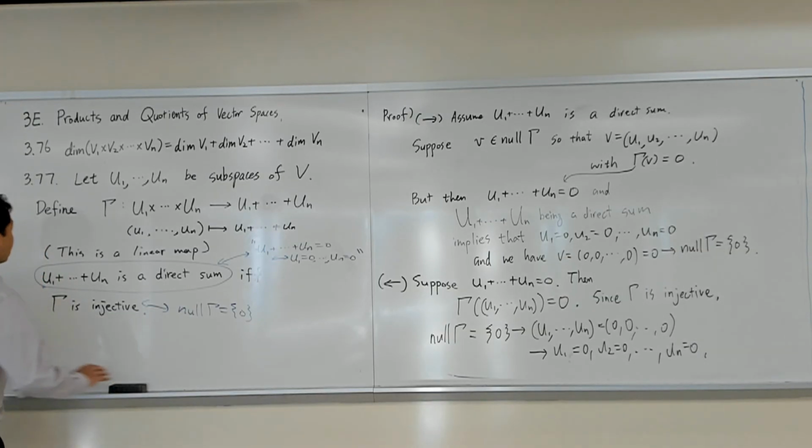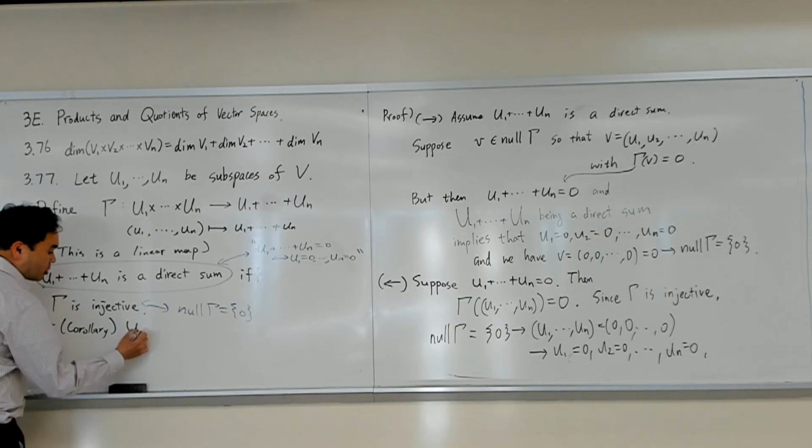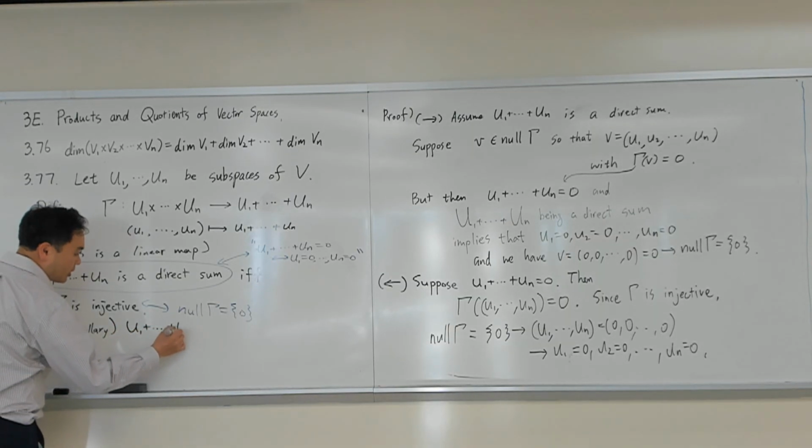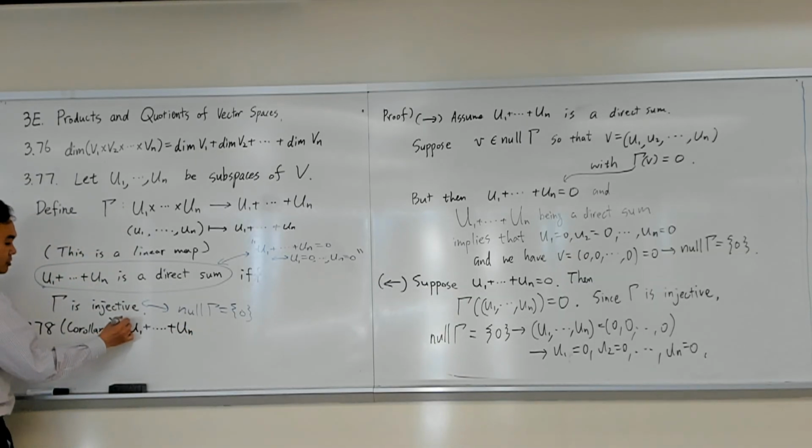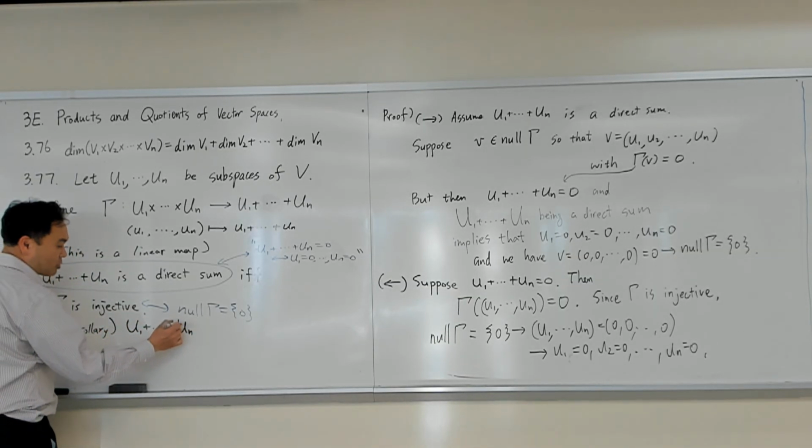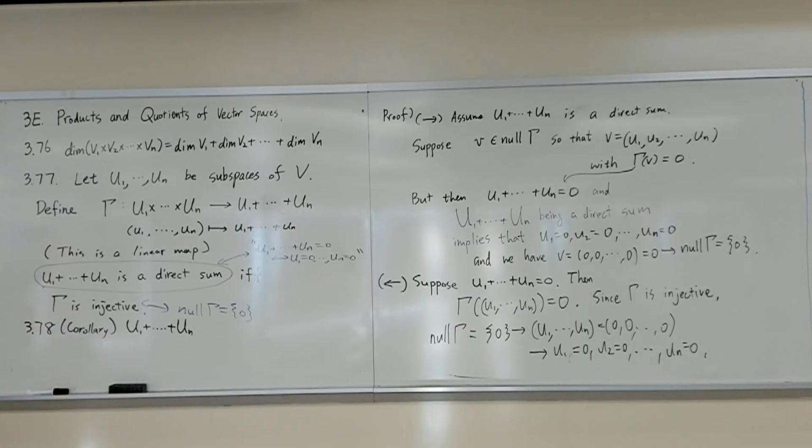All right, so since I need both of these, I'm not going to erase anything, but let me just write down a corollary, which is also pretty important. So 3.78 corollary is that U1 plus ... plus UN, these are capitals now. I wish there was a way to distinguish capitals and lowercase more effectively.